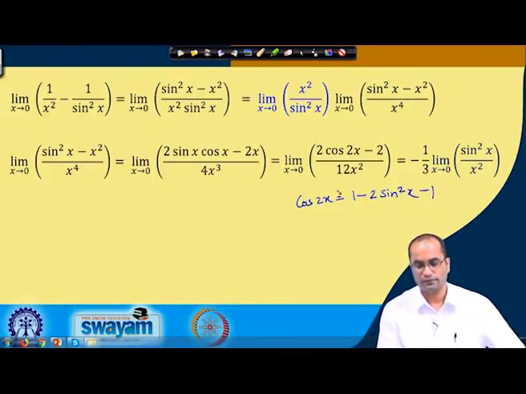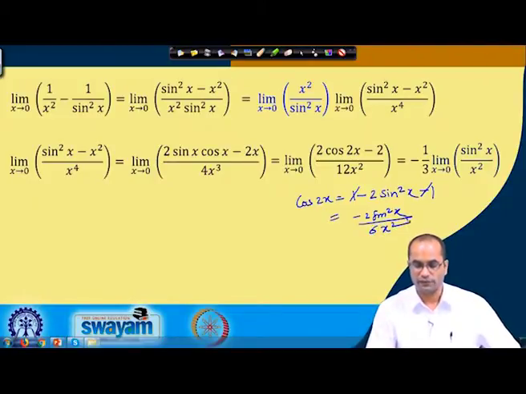So, the 2 we can take common and we will divide to this 12 here. So, this 1 minus 1 will get cancelled and we have minus 2 sin square x divided by 6 x square. So, this 1 by 3. So, minus 1 by 3, and then here we have the limit x goes to 0 sin square x over x square.